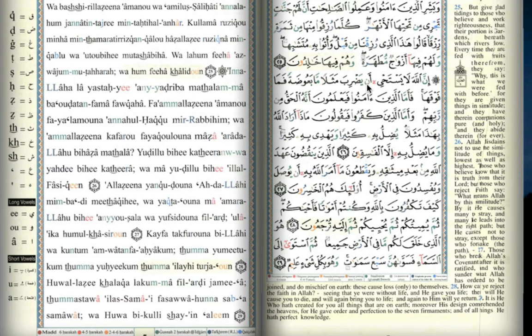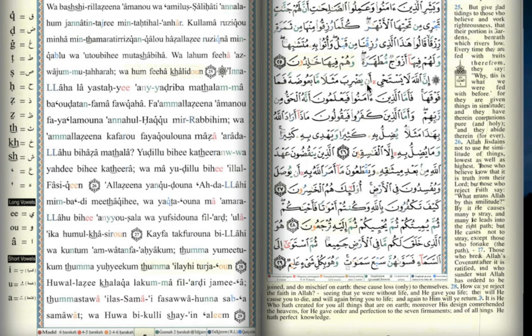So what happens when you see Noon Sakin? Now this is a new rule. Forget the other rule with those 6 letters. Now this has its own letters. You're going to remember these letters for idgham like this. It's called yarmalun: ya, ra, mim, lam, waw, and noon. We'll say it in English too, just in case you're following in English. Ya is like your Y sound.